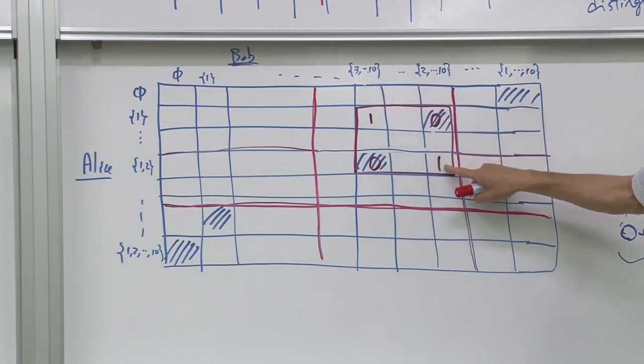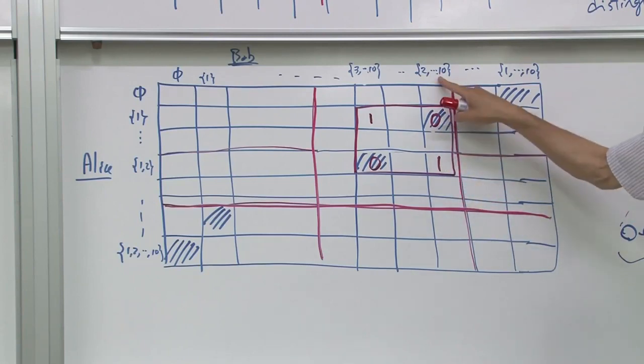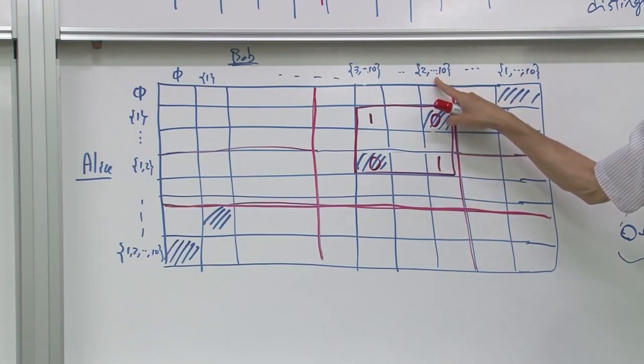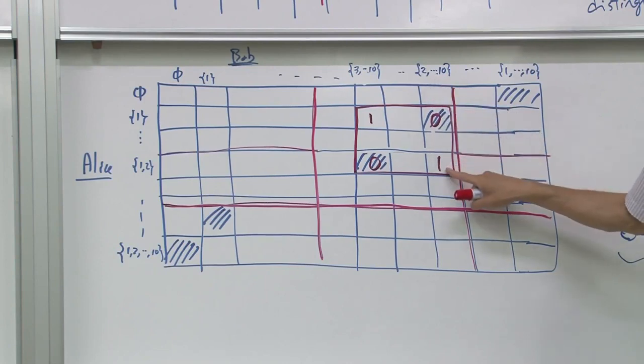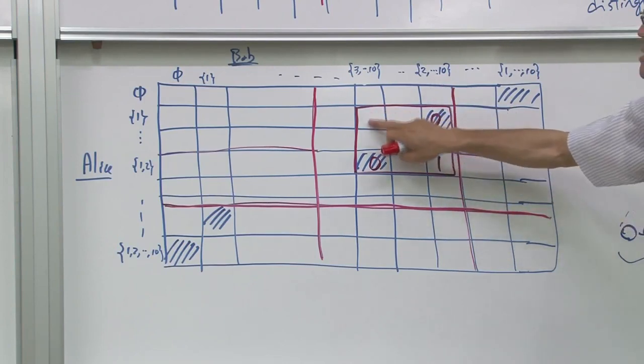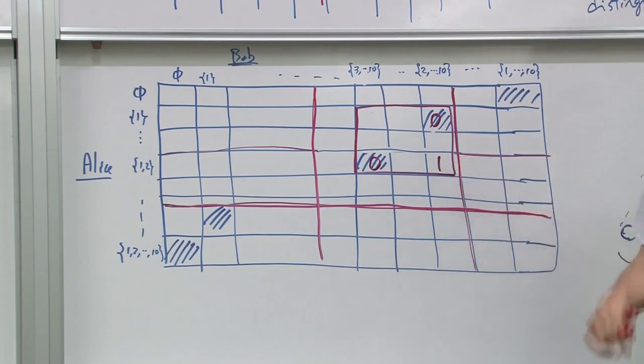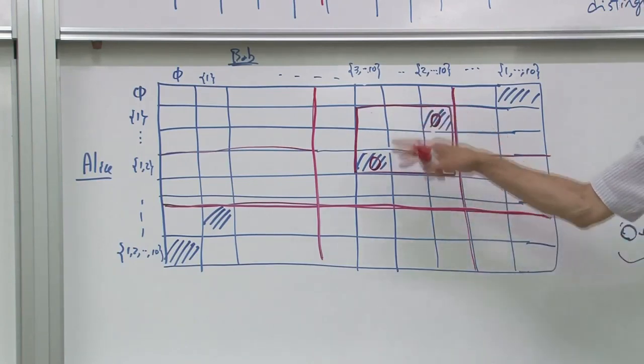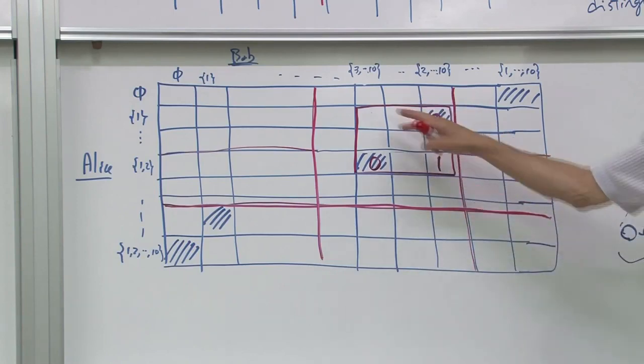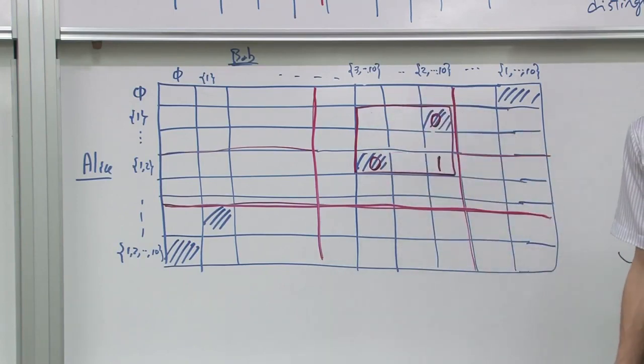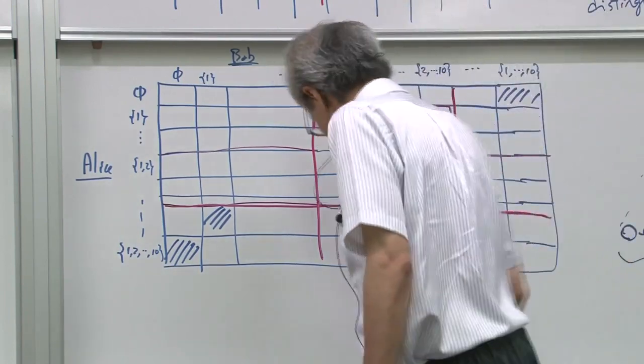The same Alice's set, but this is more. I'm sorry, this is not 1, but this one should be 1. So this is against the definition of a rectangle: the same answer within a rectangle.